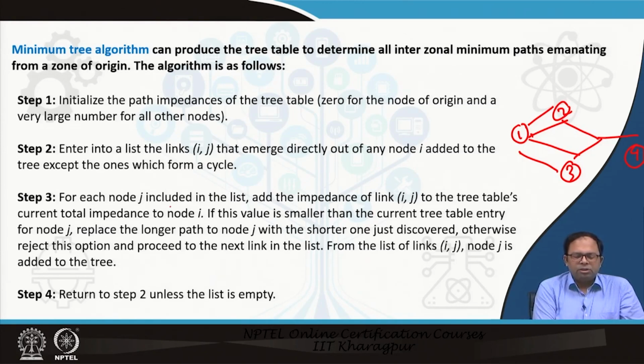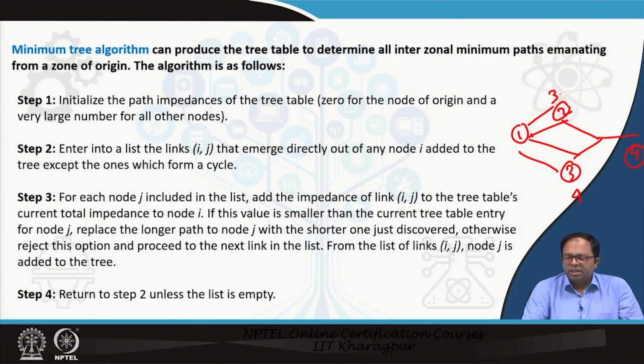And then for each node j included in the list, add the impedance of link ij. So we will determine the link ij impedance. Suppose it is 3 and suppose it is 4. So we will list that, and add the impedance of link ij to the tree table's current total impedance to node i. Because this is the first time we are estimating, this is replacing infinity and we are putting 3 and 4.